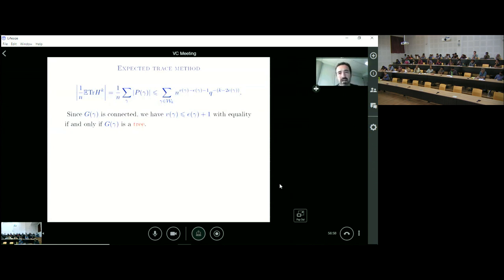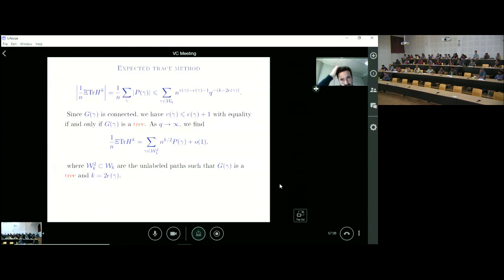You want to have E gamma equal to k over 2. Okay, so since q goes to infinity, you find the following expression for the trace. Since k is fixed, you can only keep track of the unlabeled paths such that the corresponding graph is a tree, and such that the number of visited edges is exactly k over 2.